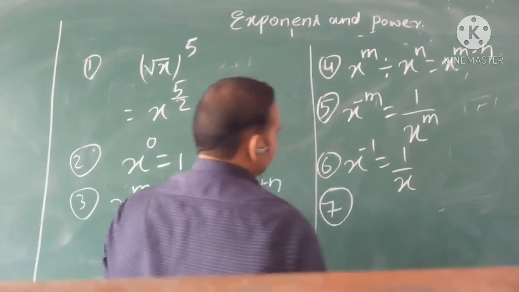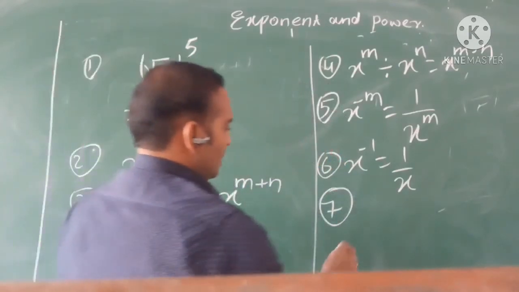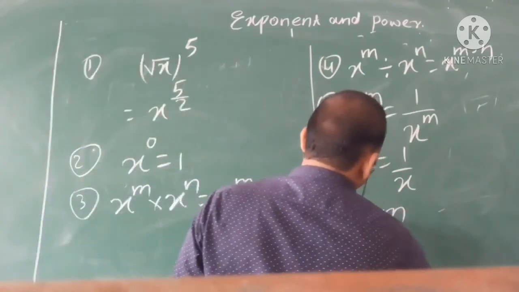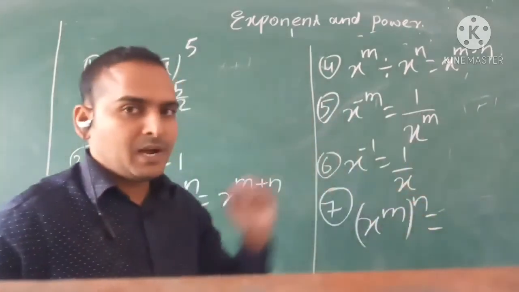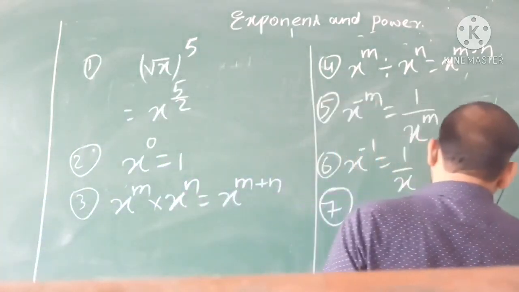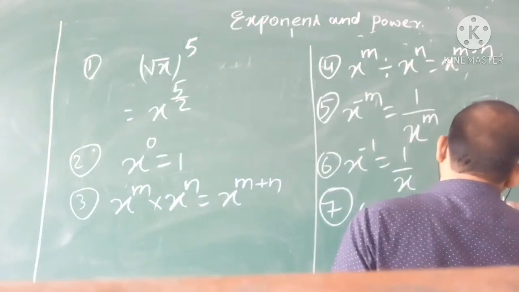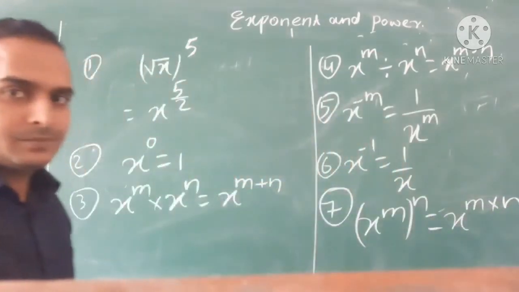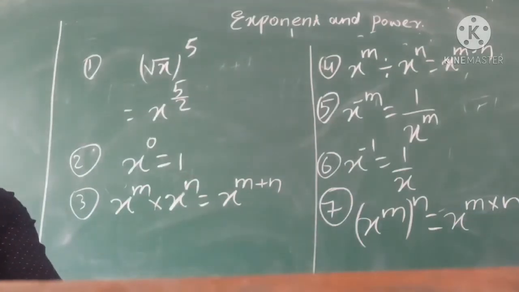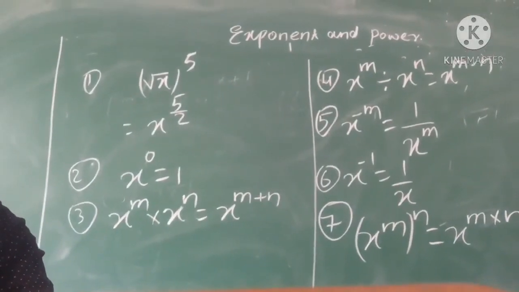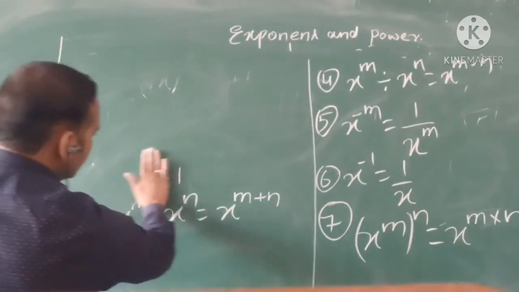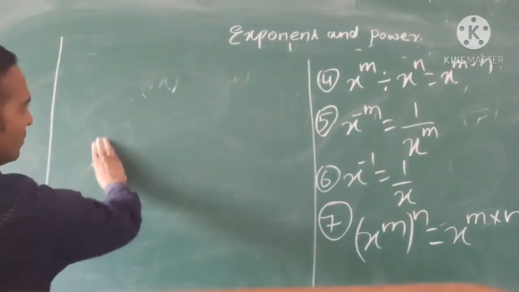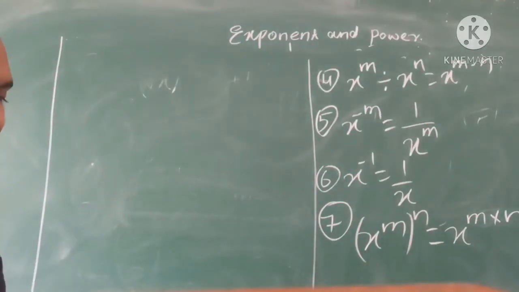Number 7, x to the power m and its power n, that is powers are multiplied, x to the power m into n. These are the properties or laws of exponent and powers.